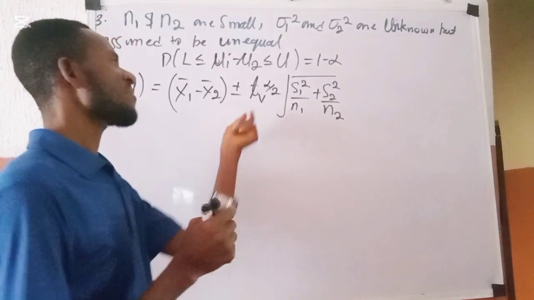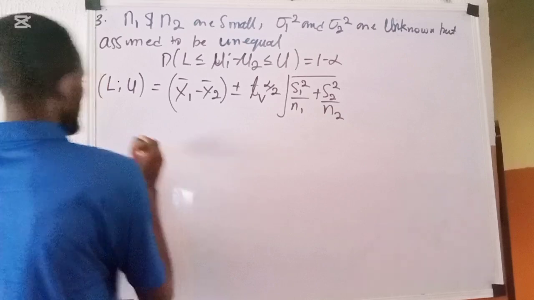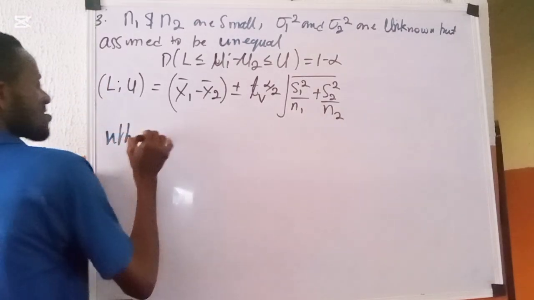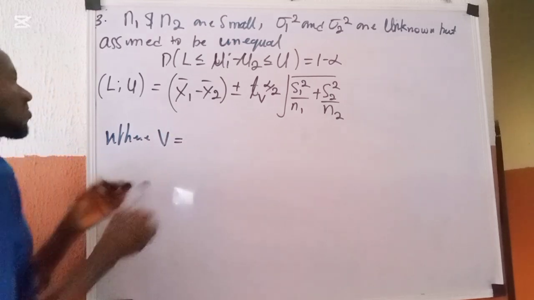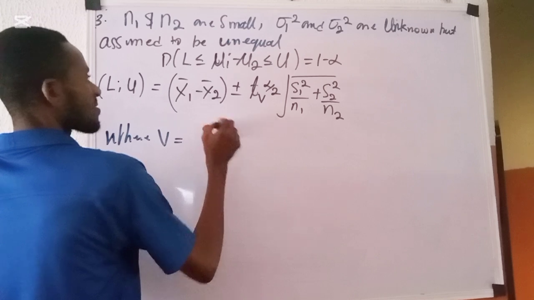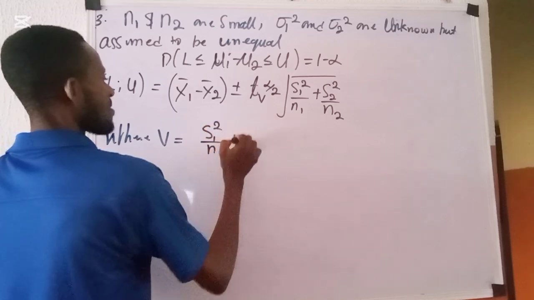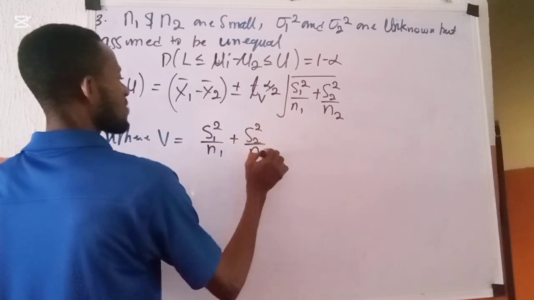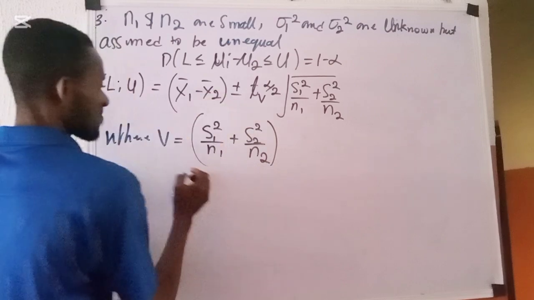The formula with which to estimate this v is where v equals, we have s1 squared over n1 plus s2 squared over n2, this way and this way, then all over.